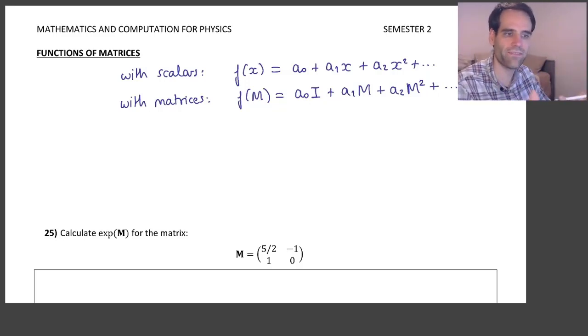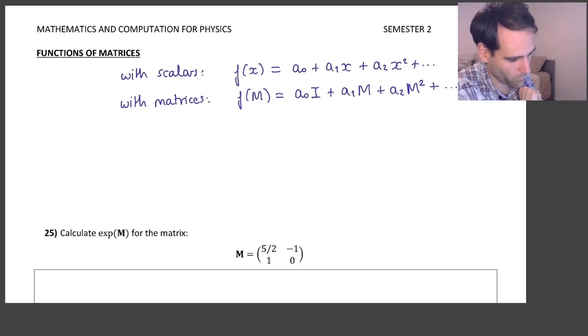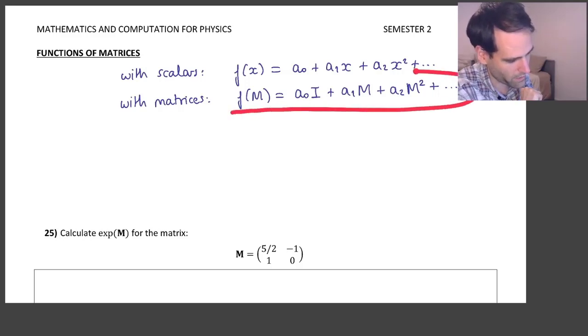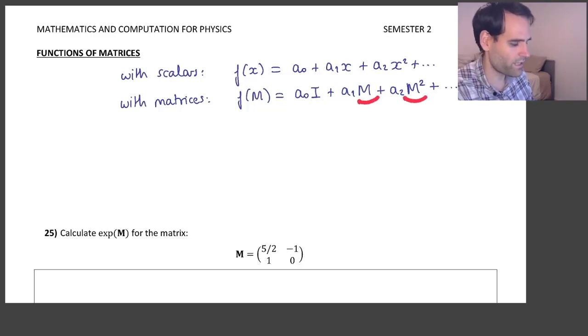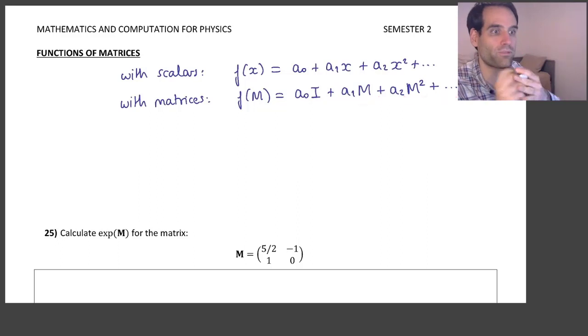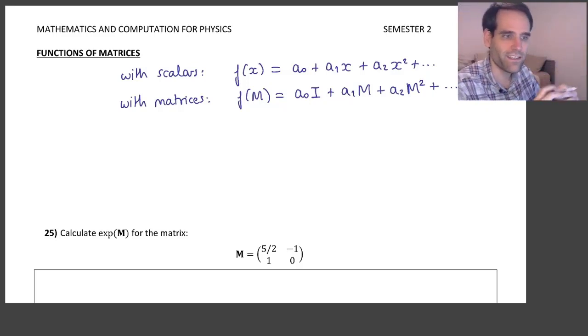So in principle, we can define functions for a matrix, and we can calculate a function of a matrix for any matrix. But in practice, it can get very difficult because we have to calculate M, M squared, M cubed, M to the 4, up to the maximum term in this expansion. And you know that for some functions, there are an infinite amount of terms. So it doesn't seem practical.